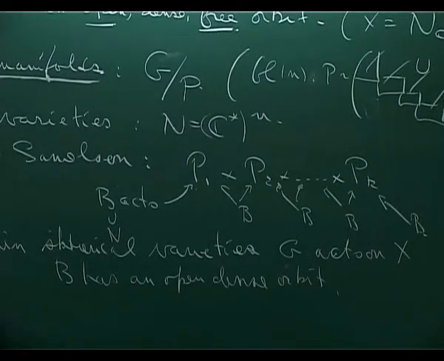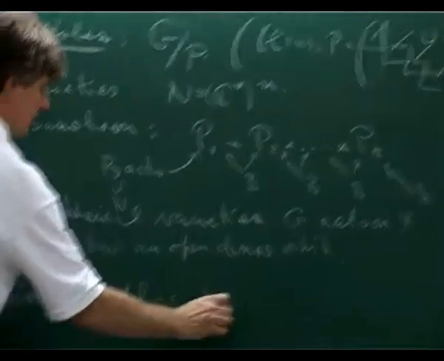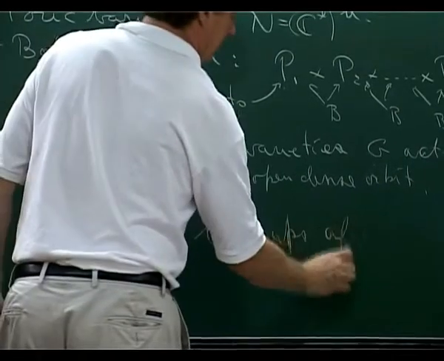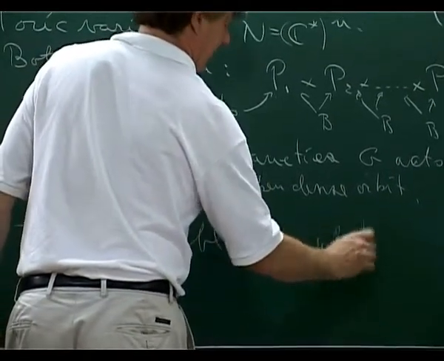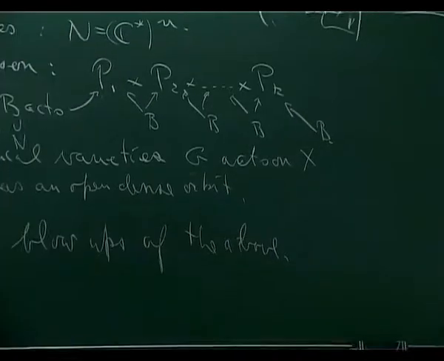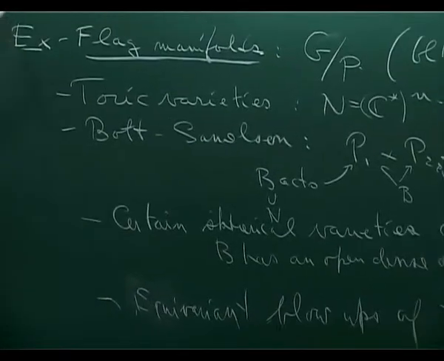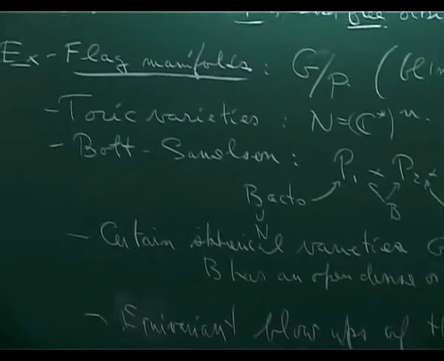You can take equivariant blowups of the above. So if you take a flag manifold, take a Schubert variety on it, because you're looking at the B orbits, blow it up, and you're in business.